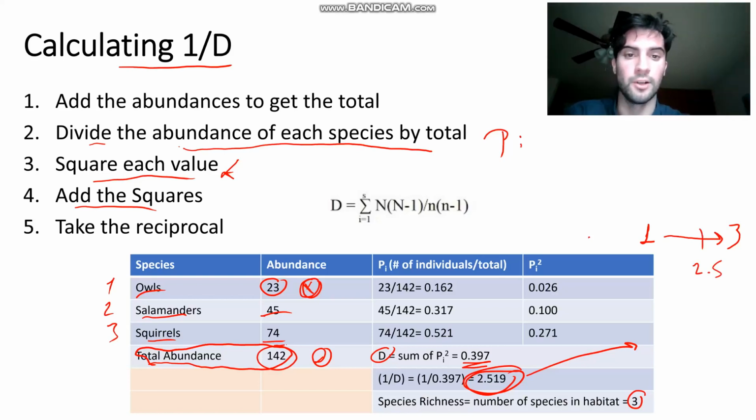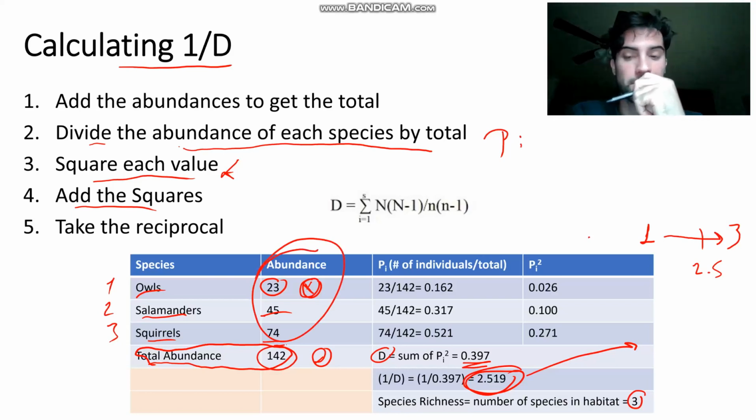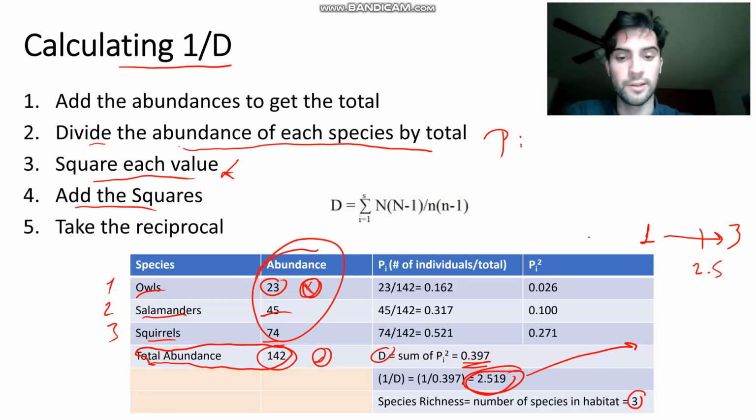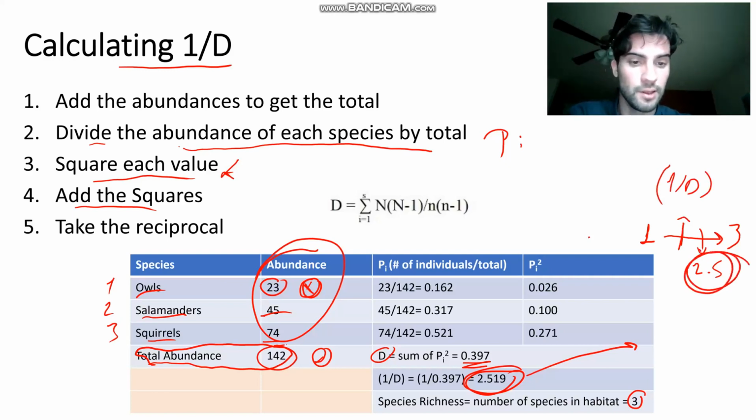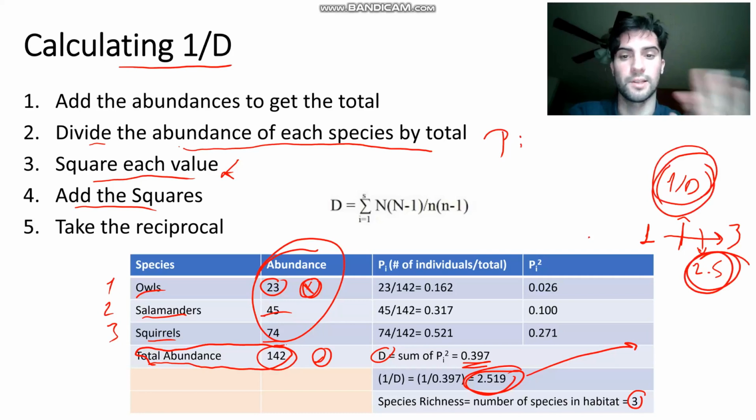And then if we measure another community, again of owls, salamanders, and squirrels, but with different abundance, with different numbers, then maybe we'll get a different measurement for the Simpson index. And so basically we are comparing these two communities, and on this information we can say that, okay, this community is more diverse than this community. That's the concept.